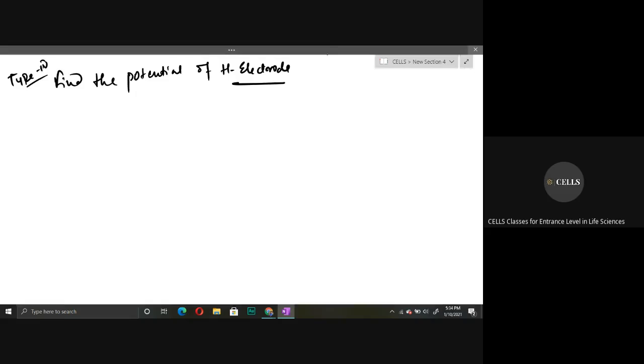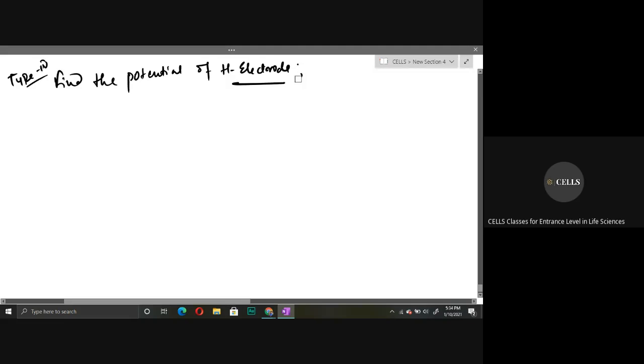Suppose they have given you a question, type 4: find the potential of the hydrogen electrode having a pH of the solution equal to 10. Having pH 10, what will be the potential of the hydrogen electrode?